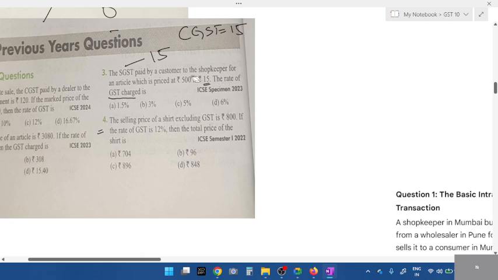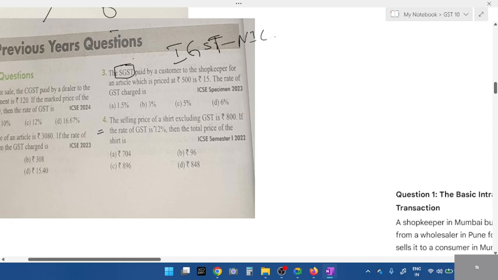For the same state, IGST would have been nil, students. Remember that if they give the SGST value and ask us to find IGST, read whether any word is given, interstate or intrastate. If it is intrastate, same state, IGST will not be applicable.